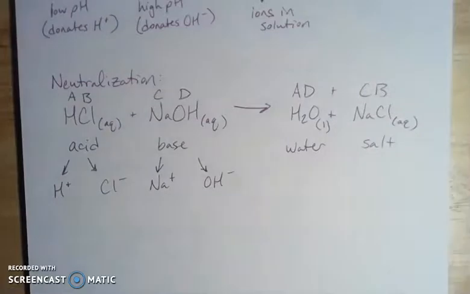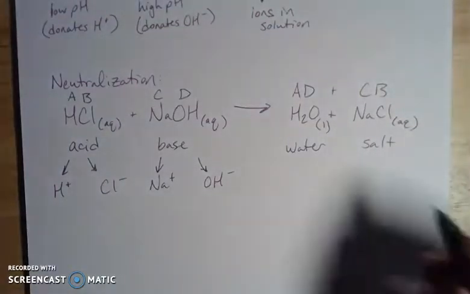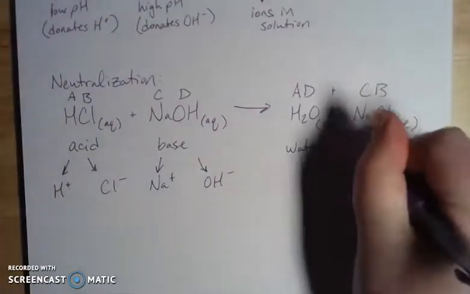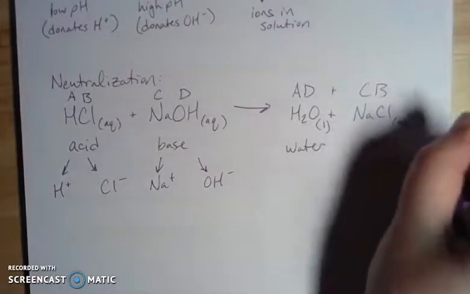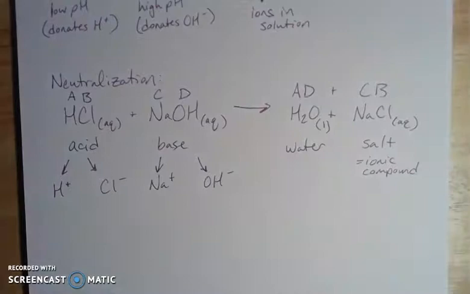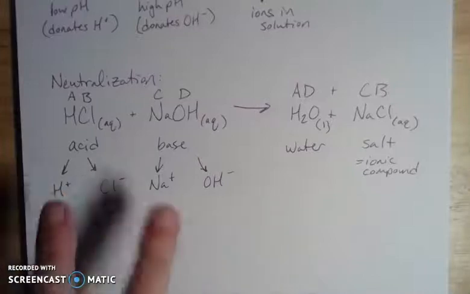And salt in this case just means any ionic compound that forms, although this one literally is table salt. But as inorganic chemists, we talk about salts as just ionic compounds. So we have a metal cation and a nonmetal anion that are paired together and form in these types of processes. So we have the same kind of double displacement.